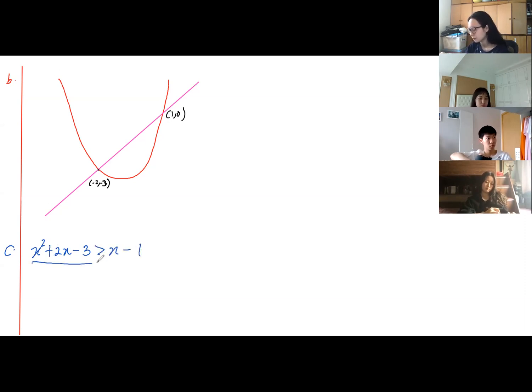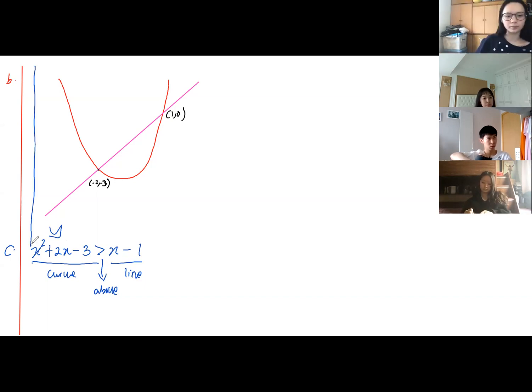So this is the curve, this is the line. This means above it, because this is a y value. So all y values of the curve greater than all y values of the line. And remember, your y-axis is this, right?